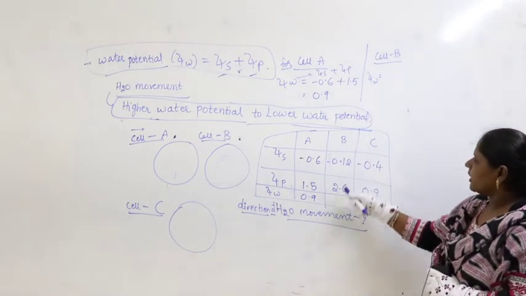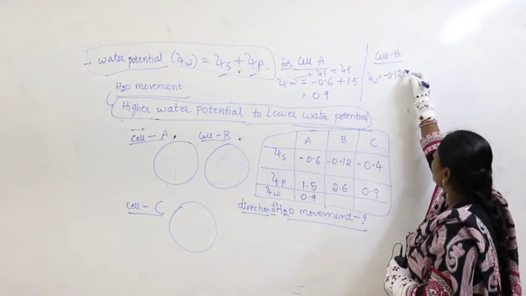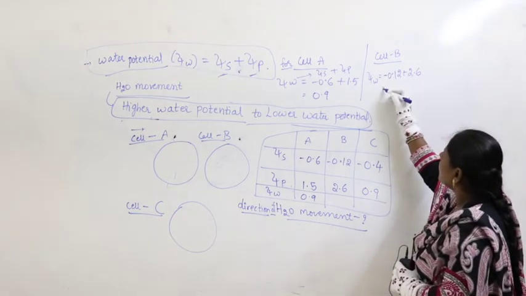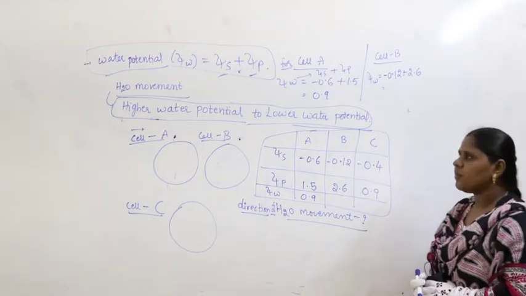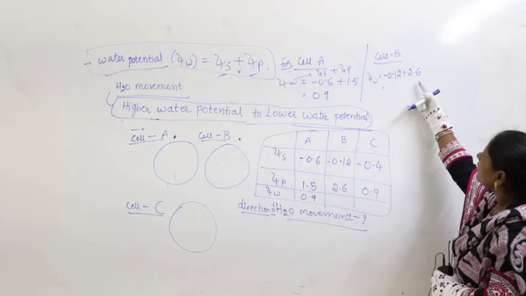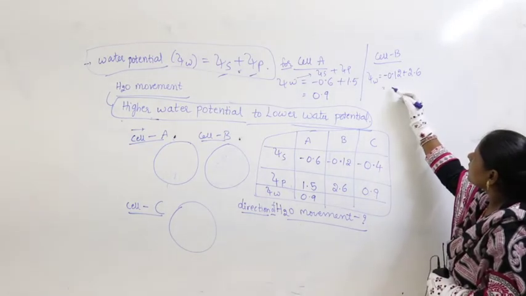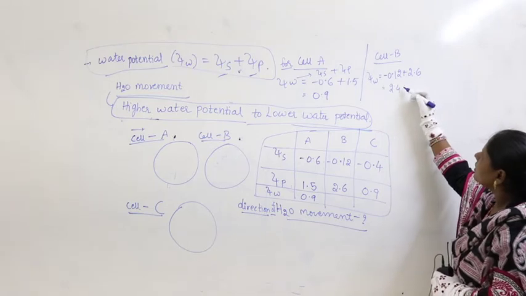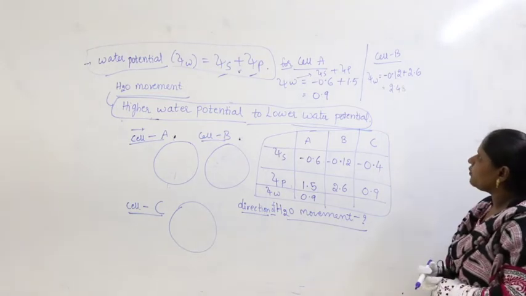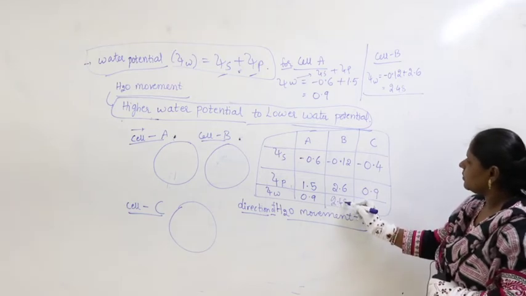So, what value will you get for B here? Minus 0.12 plus 2.6, how much will you get? Let us take 0.12 as 0.1 only here. Then approximately you will get 2.5, that is 2.48. Some change you will get, 2.48. Similarly, this is 2.48.